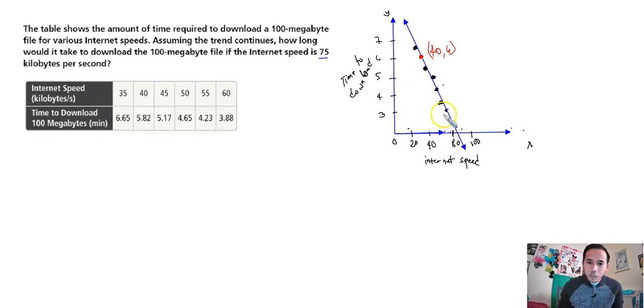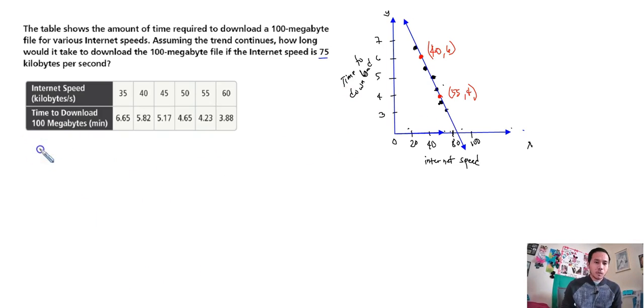So let's just put that there, 55 and 4. I'm using the red ones, which are points exactly on your line. So step 2 is you find the slope.